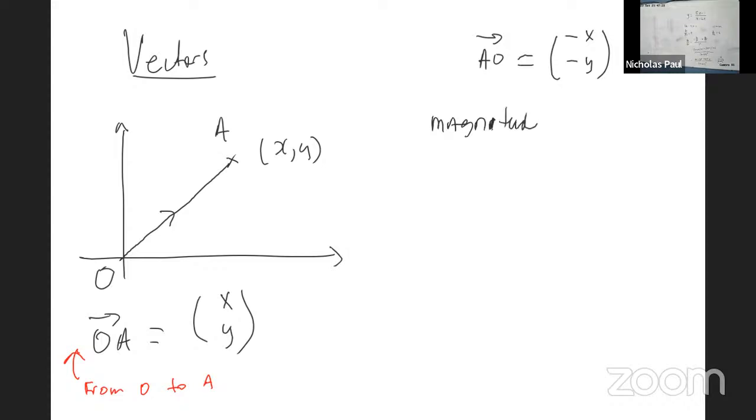We could also find the magnitude of OA. Really easy little formula here: the square root of the x value squared plus the y value squared. One more thing we need to pay attention to. OA is called the what? Anybody remember?